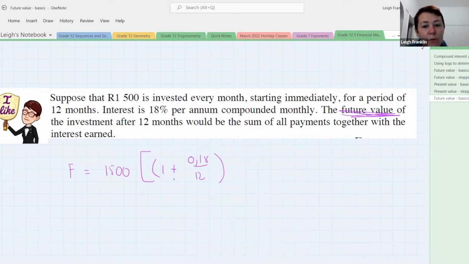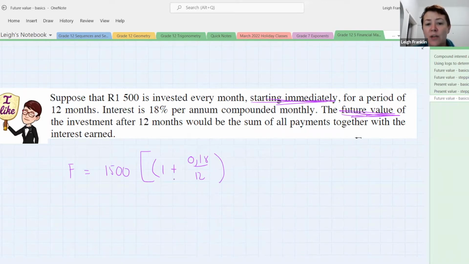then the value of your n, but they have said here, is that it's starting immediately. So when they say that something has started immediately, they are implying that there is an extra payment. So we need to be careful about that. So in other words, there's going to be one payment of 1,500 Rand at the end of every month for 12 months.